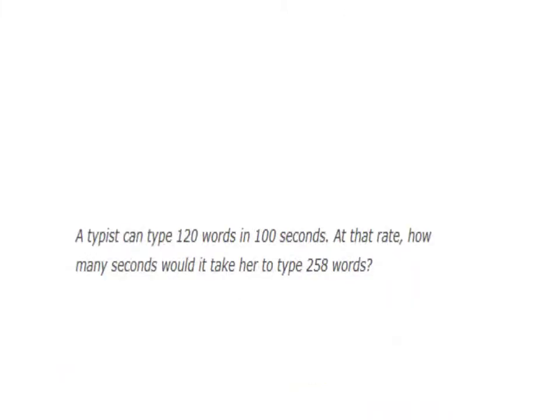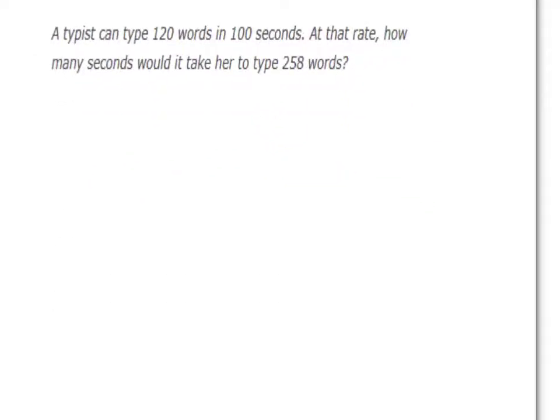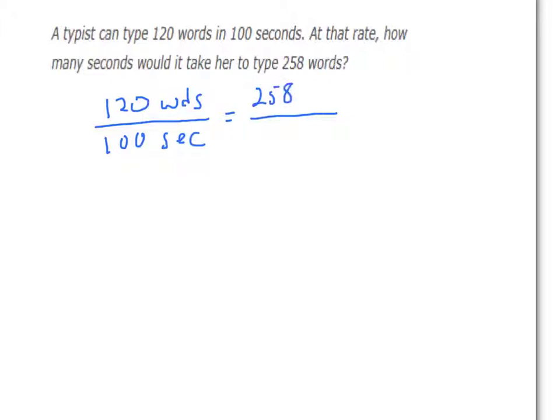Okay, I think this is the last problem. If a typist can type 120 words in 100 seconds, at that rate, how many seconds would it take to type 258 words? So I'm going to have 120 words is to 100 seconds as 258 words is to x seconds.